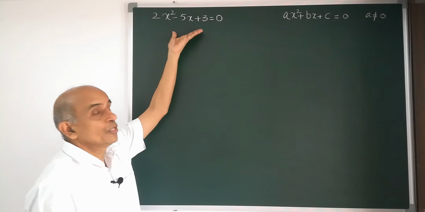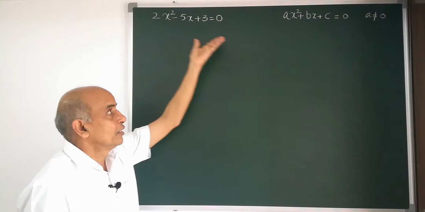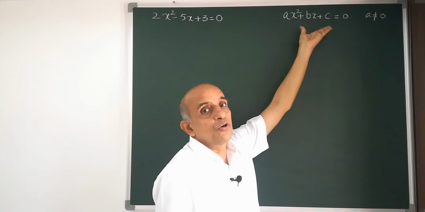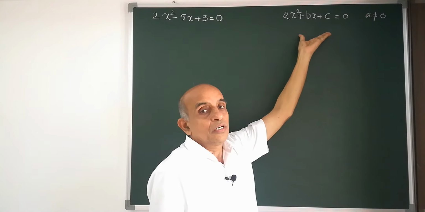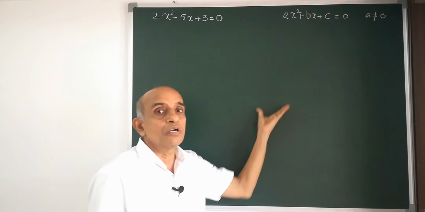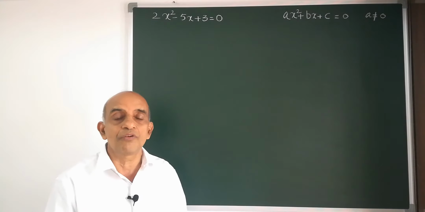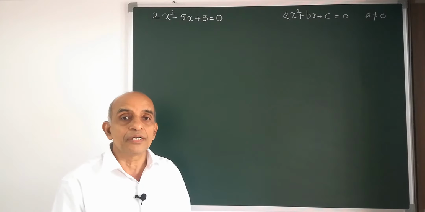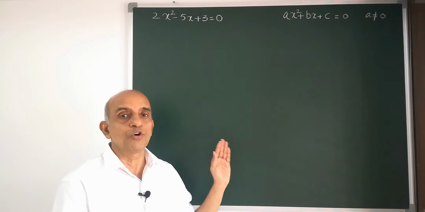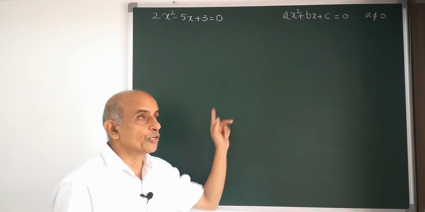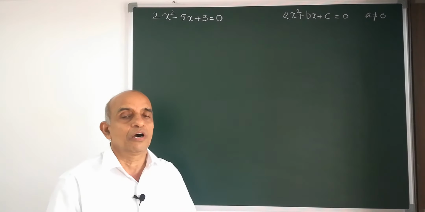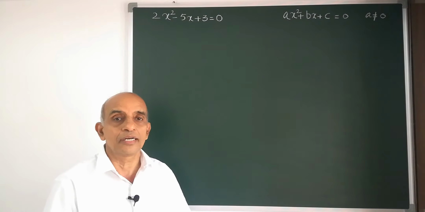Now, we have taken one numerical example. We have taken the standard quadratic equation. Now, I am going to explain the purely algebraic treatment of solving a quadratic equation using the completing the squares method. I am not going to draw any pictures such as squares or rectangles.